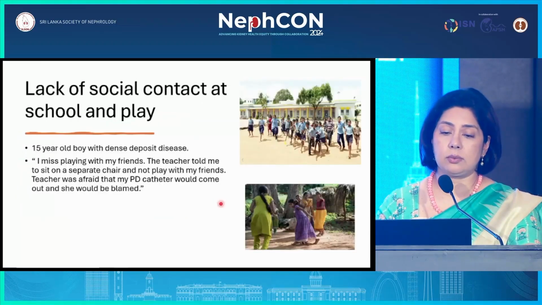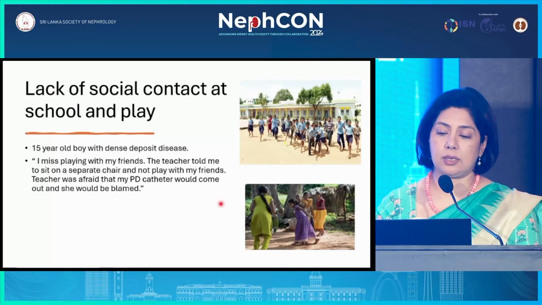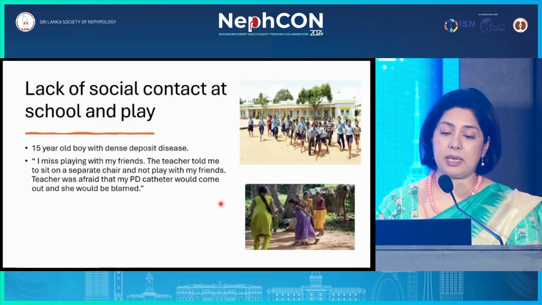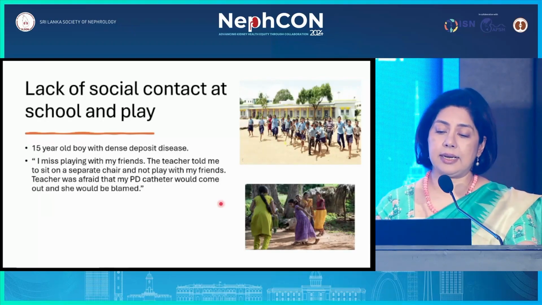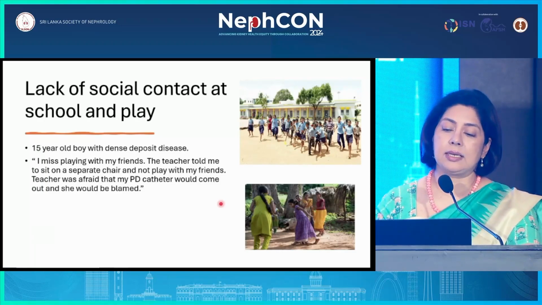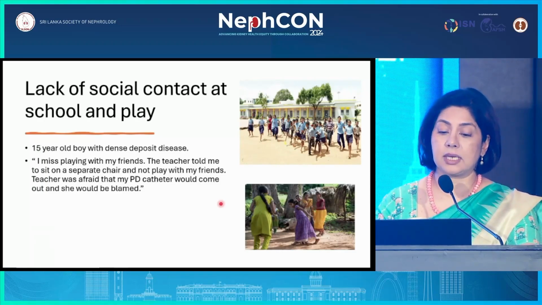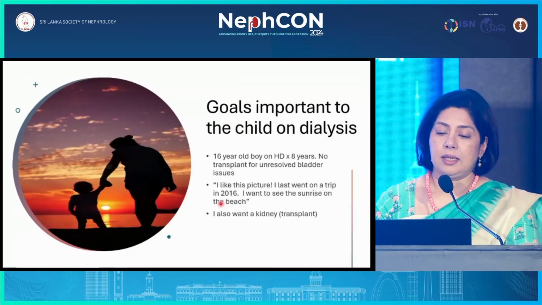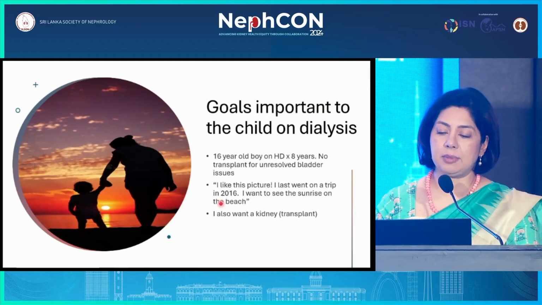So they miss school, they miss playing with their friends. The school environment and community is often hostile to them. They are viewed as somebody who probably can't be integrated into normal life. And this is probably different compared to other countries. And this is just a picture of a child who dreamt of seeing the beach.